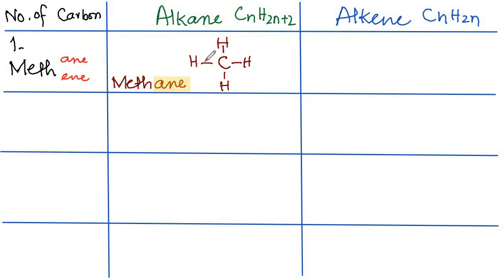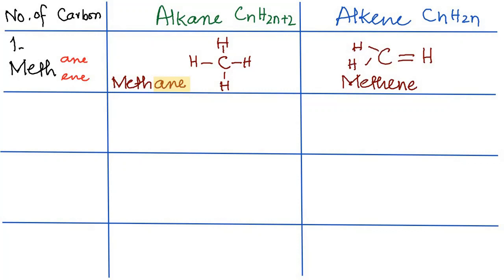After completing this table, I'm going to write it down separately on the next board so you can memorize it from there. Methene is not possible because methene cannot exist. The reason is that in order for a molecule to be an alkene, there should be a double bond, and carbon can never make a double bond with hydrogen.